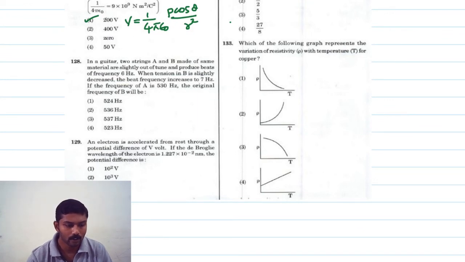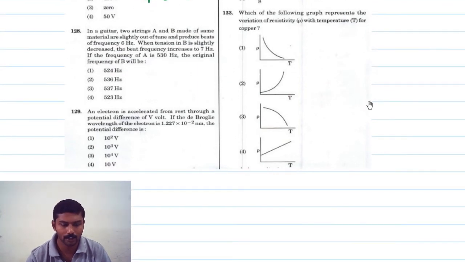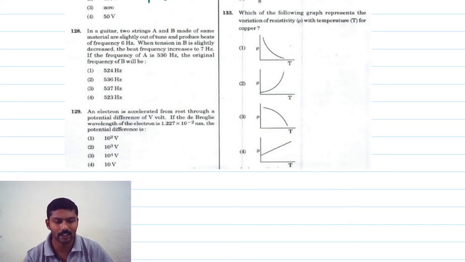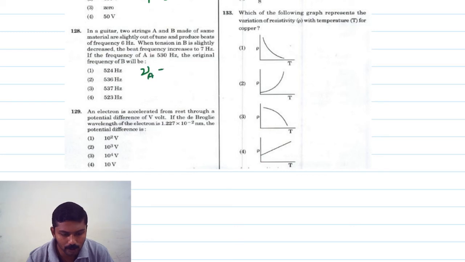128. Yeah, this is a pretty tricky question from the last chapter called waves of plus 1. In a guitar, two strings A and B made of the same material are slightly out of tune and produce a beat frequency of 6 hertz. That means when you're beating frequencies, two frequencies which are played together, you get a beat frequency: mu A minus mu B is equal to 6, which is given.